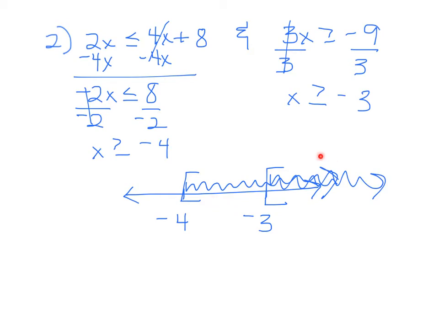Well, remember, since we only take where the shadings overlap, this portion of the graph is the only part of our graph that is the solution. So as I'm writing this in interval notation, my answer is only every number from -3 to infinity.